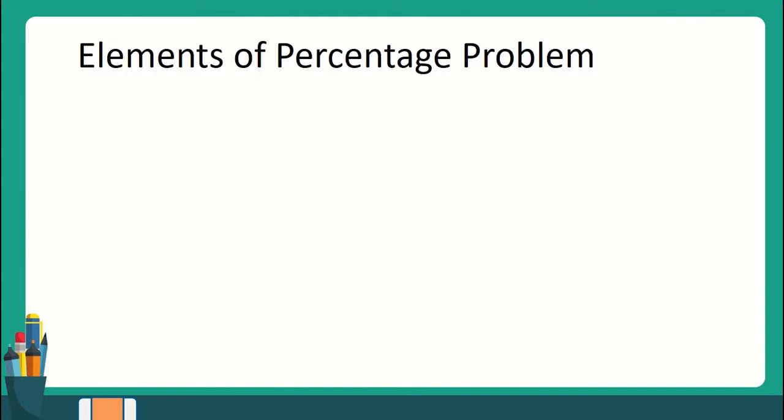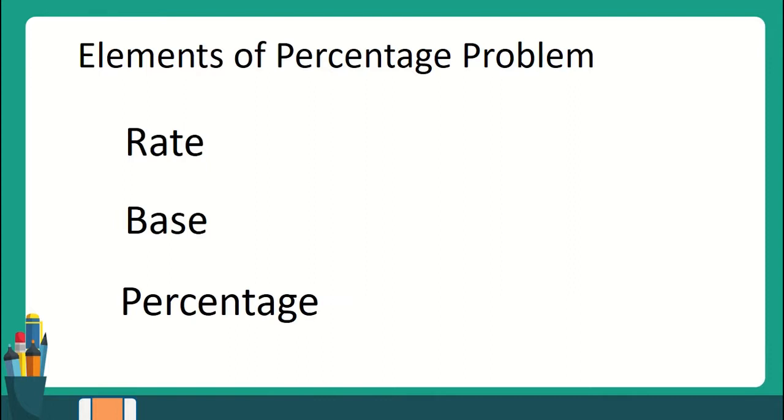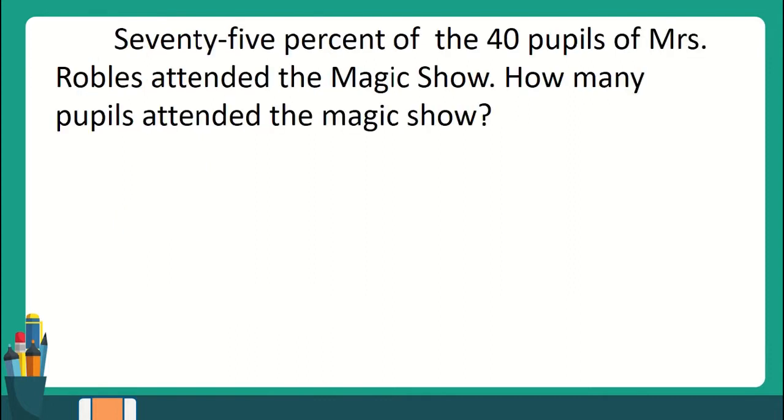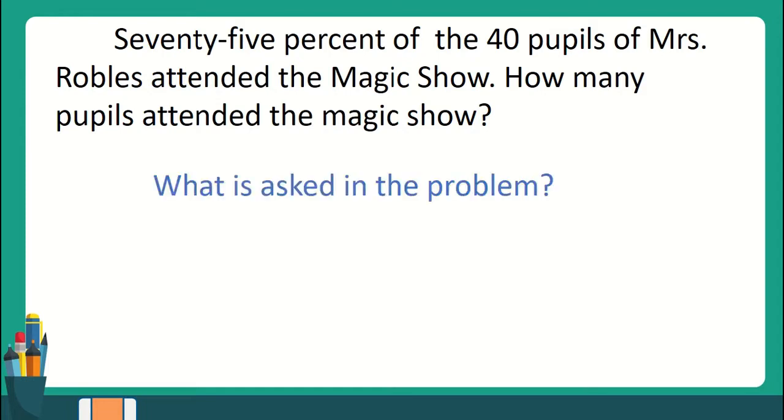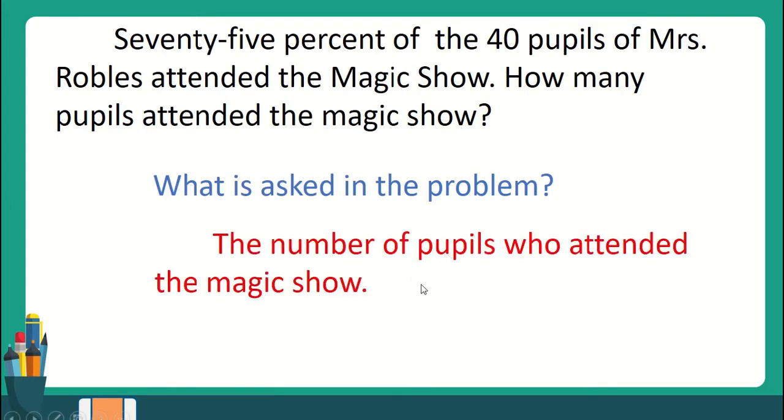So on this kind of problem, we have the three elements: the rate, the base, and the percentage. To understand the problem, let's answer these questions. What is asked in the problem? The number of pupils who attended the magic show.